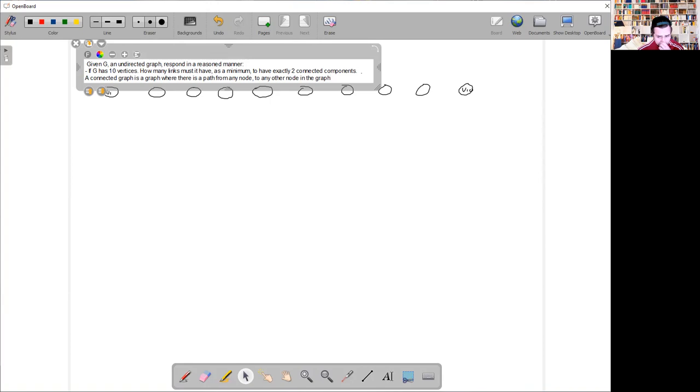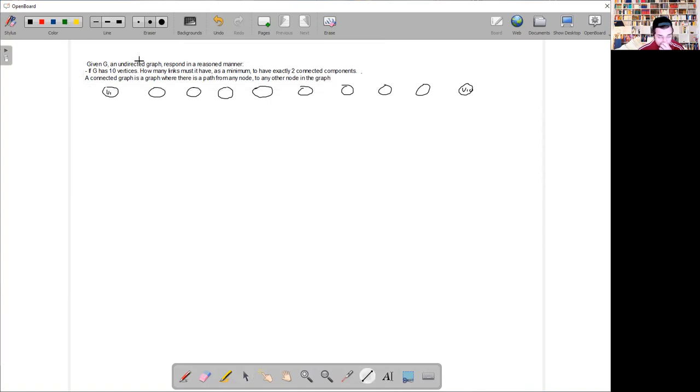So if I take this one and I want it to be connected, I need to have at least a link connecting every node, like this, right?